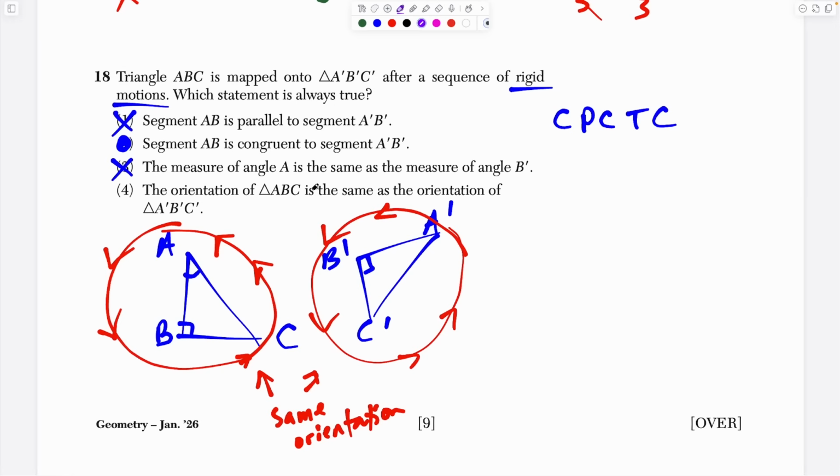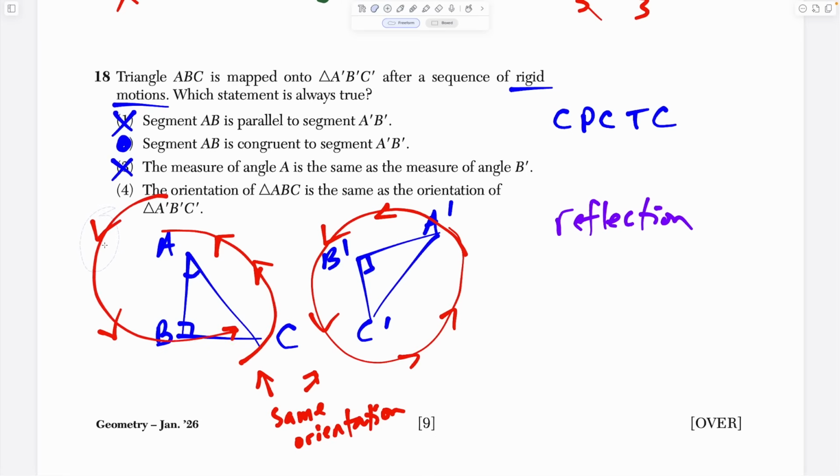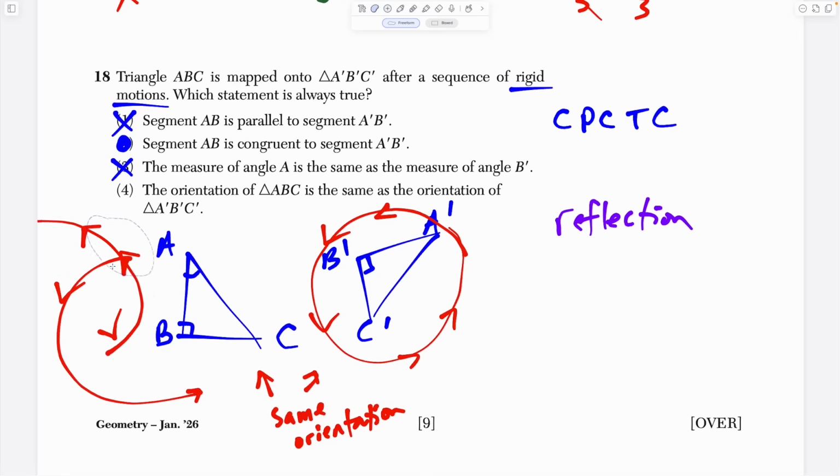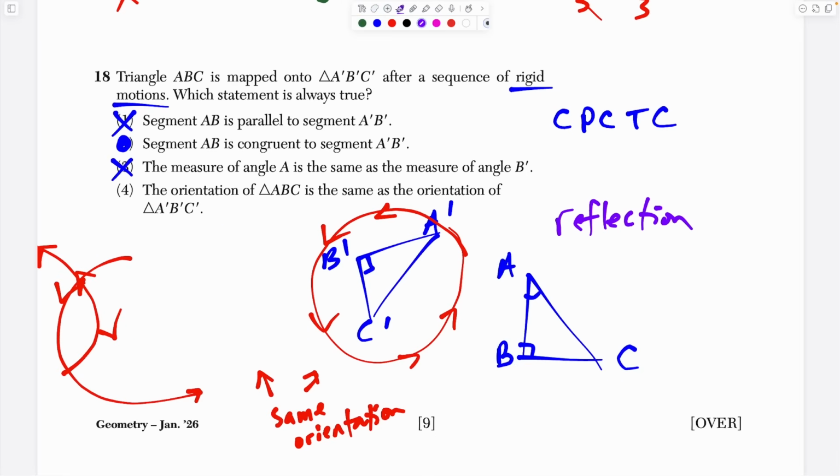However, there is a rigid motion which does change the orientation, and that would be a reflection. So if I did a reflection of this triangle, let me get this piece out of the way. If I take this triangle over here and I reflect it over, let's say, this line, then this point would go somewhere over here, this point would go maybe somewhere over here, and this one would go somewhere over here.